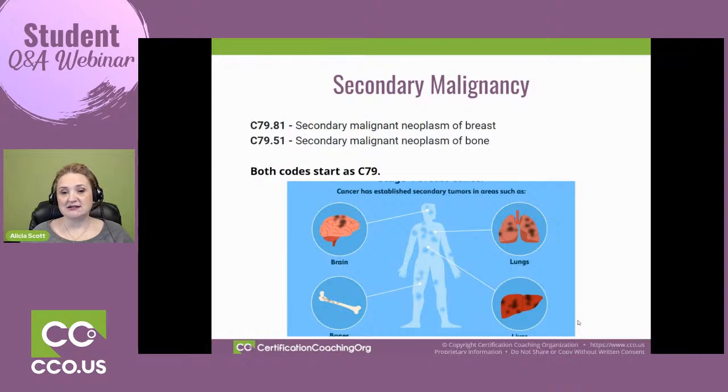Some other areas that the patient can have breast cancer metastasize to are the brain, the lung, we mentioned the bone, and also the liver. These are pretty common areas, and we know that because of the codes that have been captured throughout the years. There is a difference between solid cancers and liquid cancers.